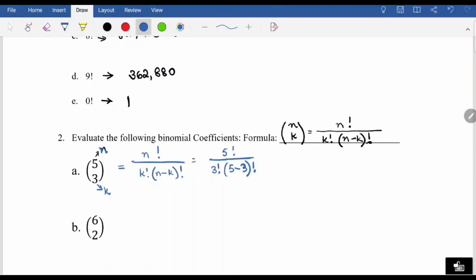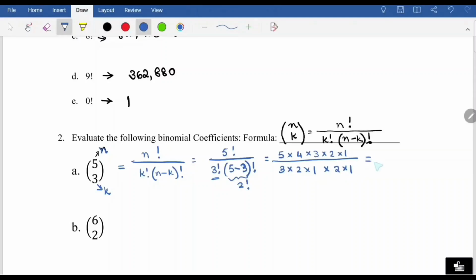So it's not 5 minus 3 factorial, but 5 minus 3 calculated, and then the factorial. Let's do the calculation of the factorials now. In the numerator, we have 5 times 4 times 3 times 2 times 1. In the denominator, 3 factorial is 3 times 2 times 1, and then 5 minus 3 factorial is 2 factorial, correct? So let's add that here, 2 times 1.